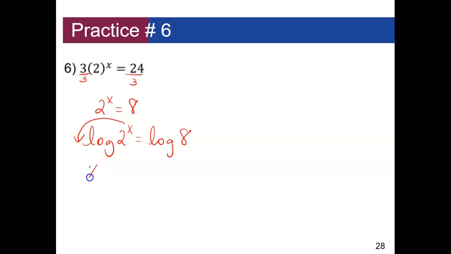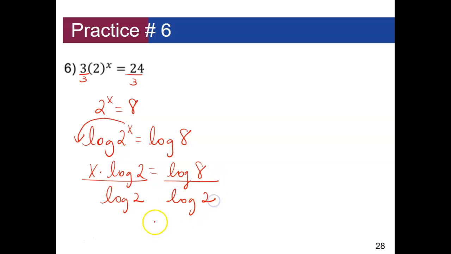So I'm going to have x times the log of 2 equals the log of 8. And then I'm going to divide by the log of 2. So x is going to be the log of 8 over the log of 2. And if you remember from our change of base formula, that would be log base 2 of 8.